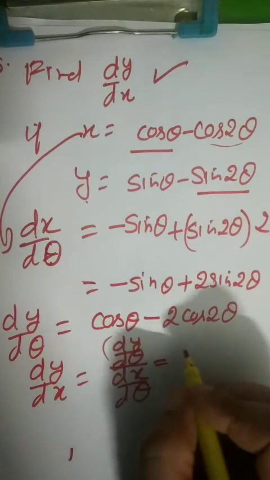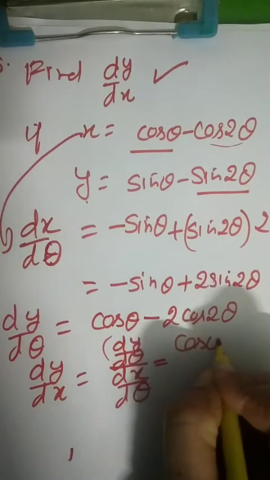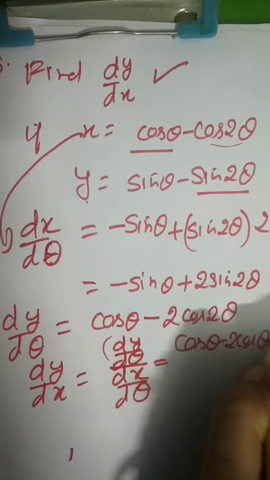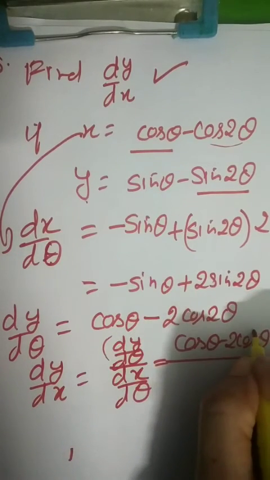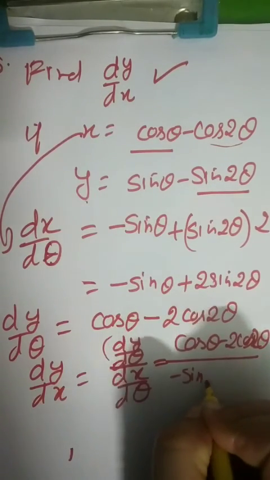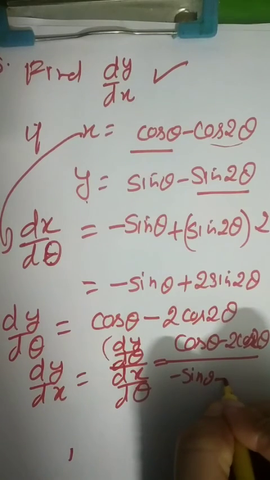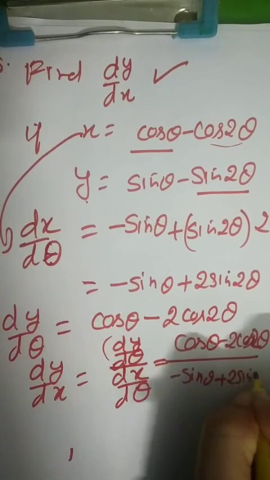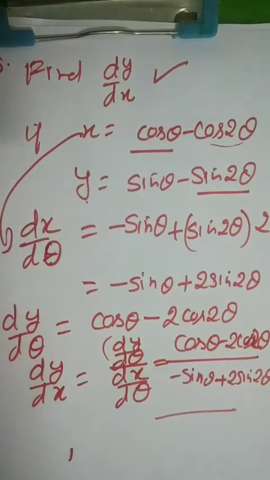So this value is cos theta minus 2 cos 2 theta, and the derivative of x is minus sine theta plus 2 sine 2 theta. So this will be the answer.